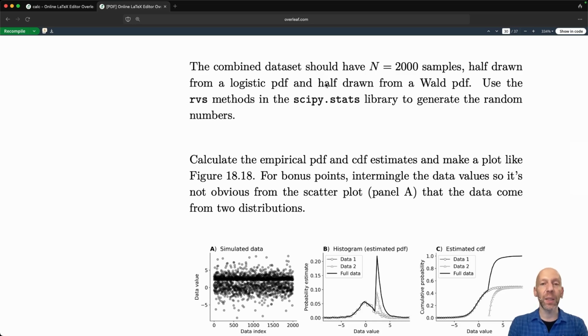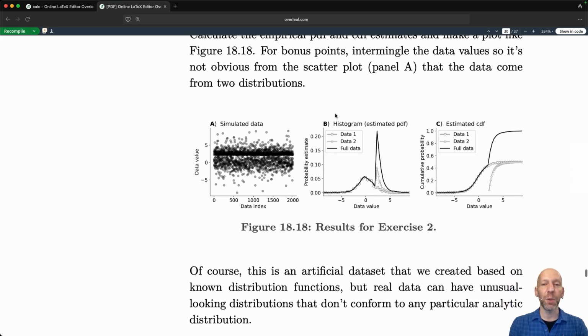To access these functions and to generate random data drawn from these distributions, you can use the rvs method in the scipy.stats library, and I'm not telling you exactly how to do that because figuring that out is part of the goal of this exercise. But of course, I will show you the solution in the code in a moment. Anyway, generate your data set of 2,000 sample points, and then you can visualize the data.